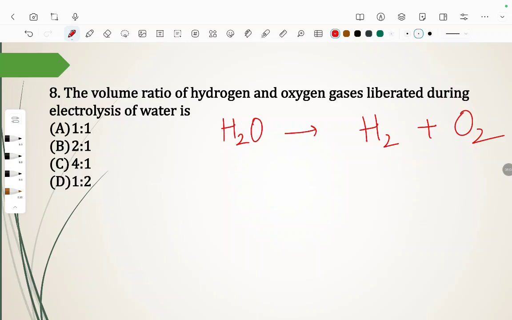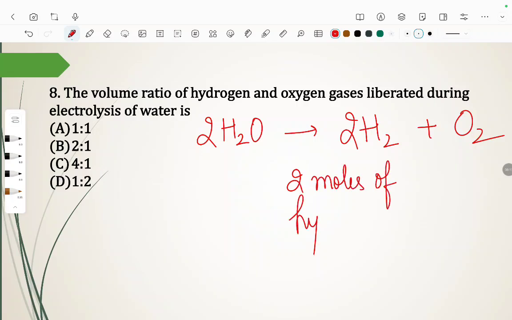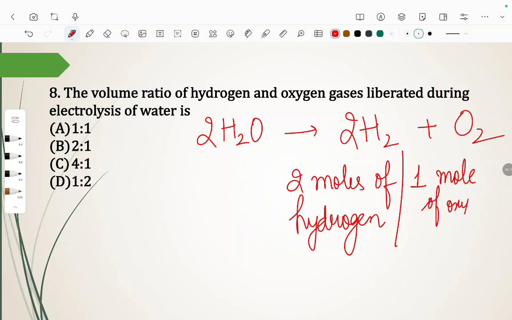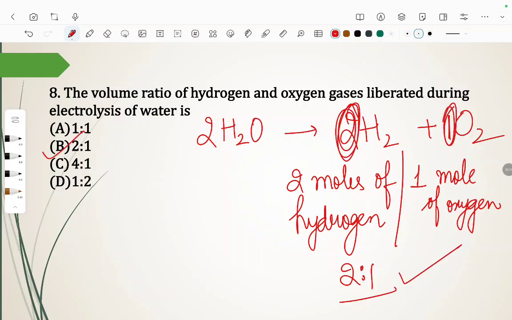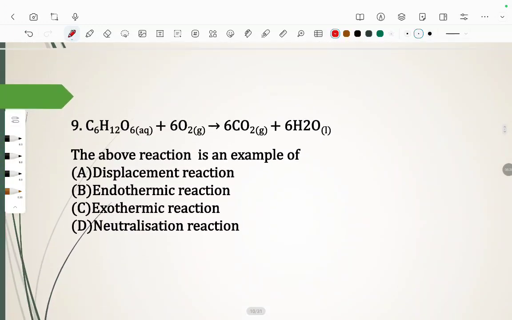After balancing, what we will get? Two moles of hydrogen and 1 mole of oxygen. So the ratio is 2:1. Option number B is absolutely correct.